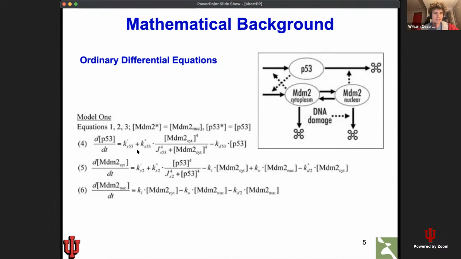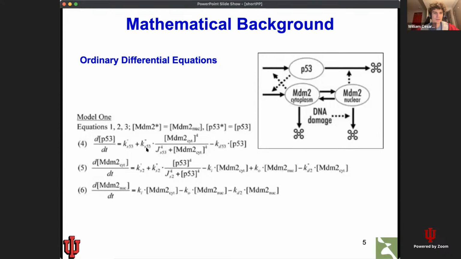This tells you, okay, if MDM2 is high in the cytoplasm, then this term will be high. But if MDM2 is low, then this term will basically not be important, and it will be low.